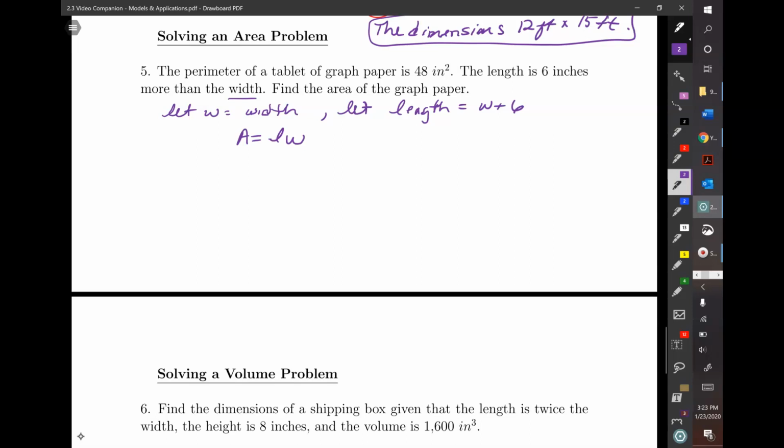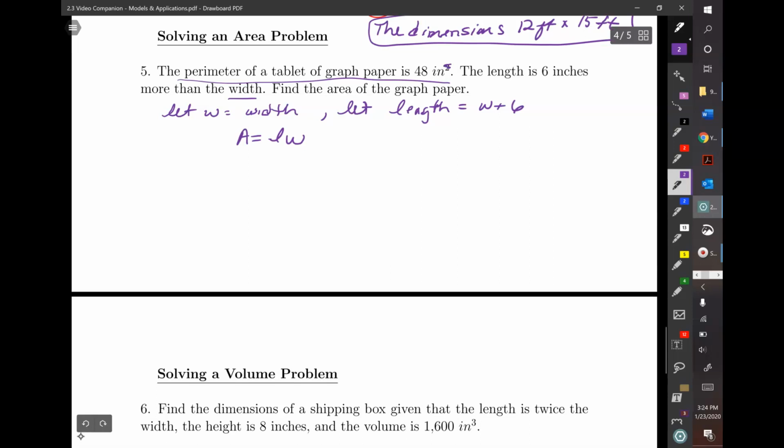I think this one has some kind of typo here. It does. The first question says the perimeter of the tablet of graph paper is 48 inches squared, but it shouldn't say squared.